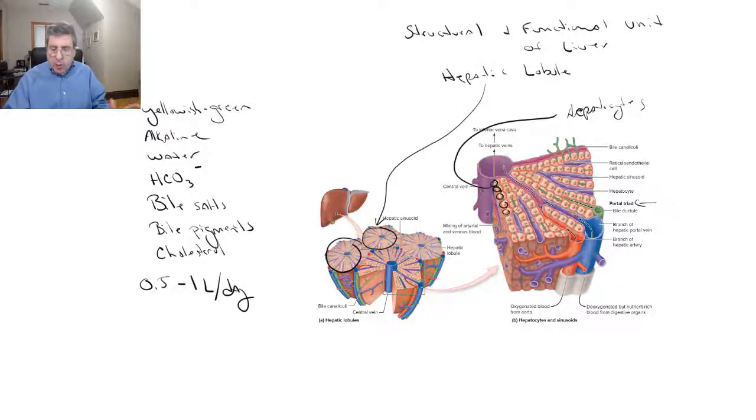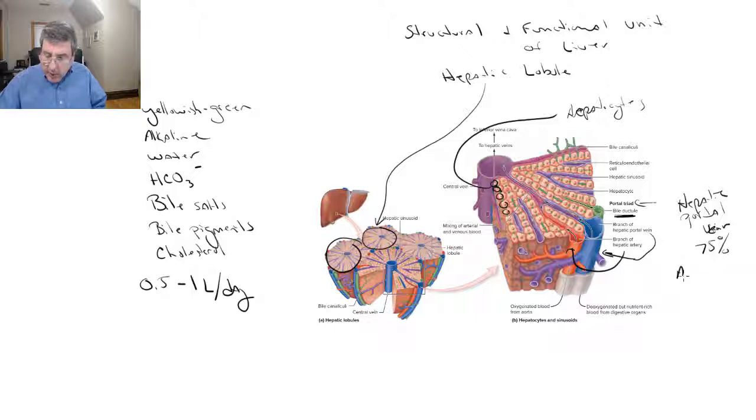Here. And the portal triad consists of the bile duct, or bile ductule, I should say, your hepatic portal vein, and hepatic artery. Okay. So on this, your portal vein accounts for 75% of the blood flow to the liver.